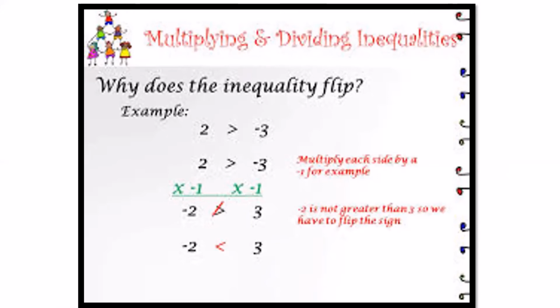For example, on this particular problem, we are dividing both sides by a negative, which would make the inequality sign have to flip over. So whenever you multiply each side or divide each side by a negative number to isolate the variable, you have to flip your inequality sign.